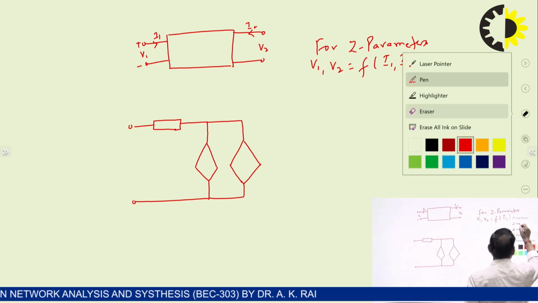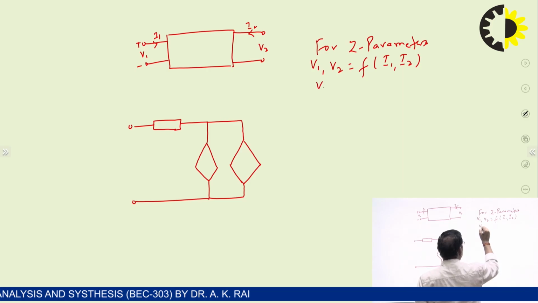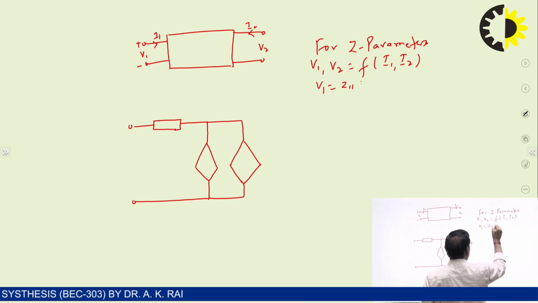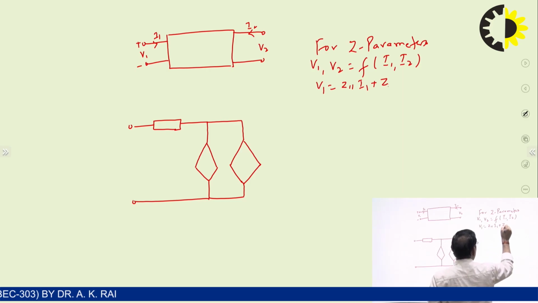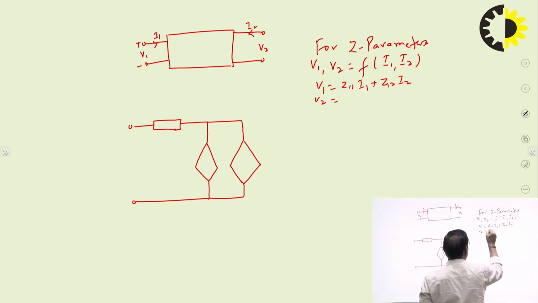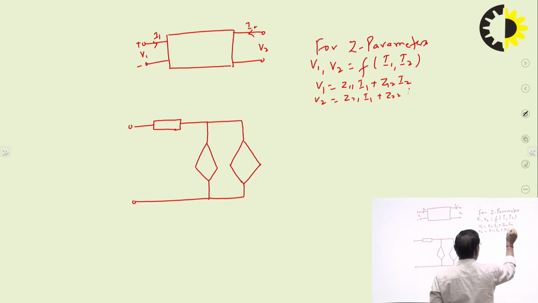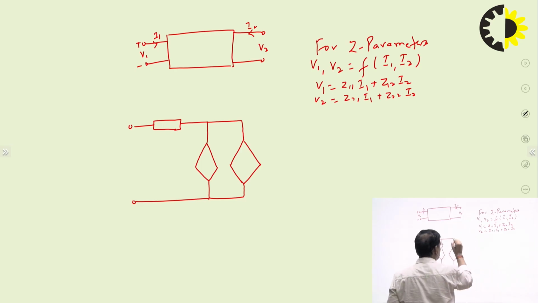So we can write here V1 is equal to Z11 I1 plus Z12 I2, and V2 is Z21 I1 plus Z22 I2. So from these equations we can draw the equivalent network.